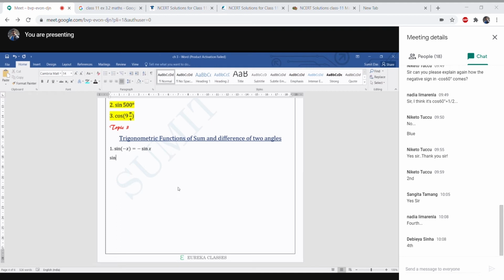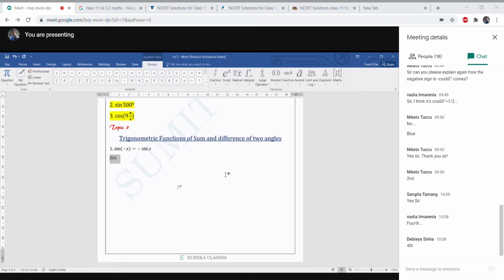last question we solved from exercise 3.2, that is saying sine of minus 11 pi by 3, sorry, it was 11 pi by 3. So in the next line we have to write sine minus 11 pi by 3.